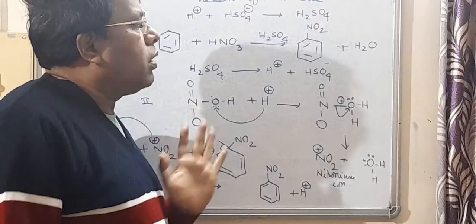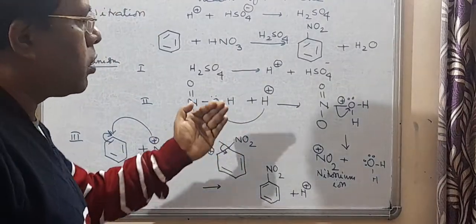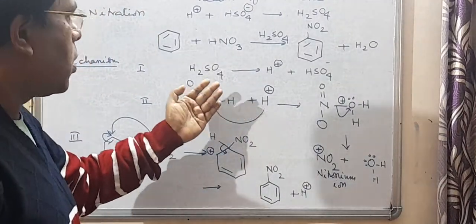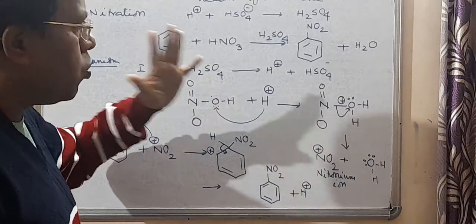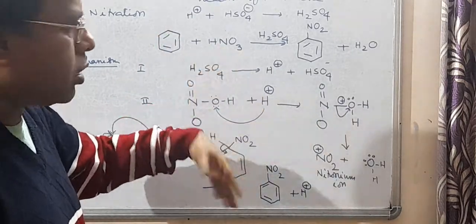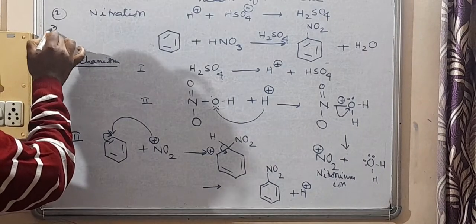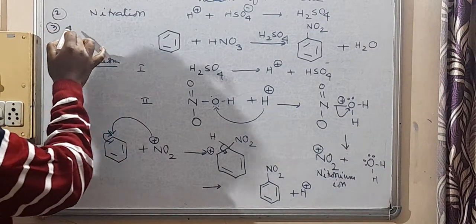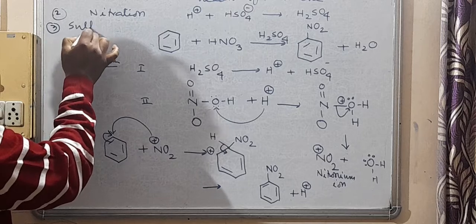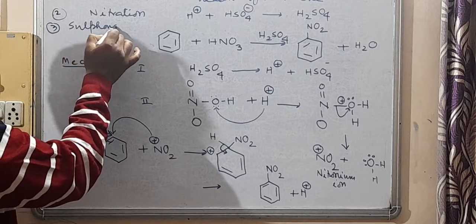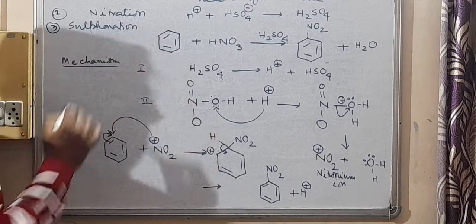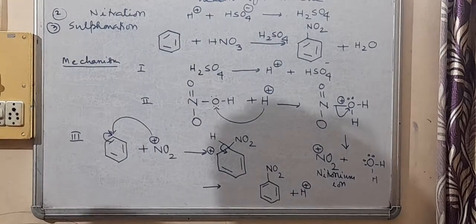So in this way, there are some more reactions whose mechanism you have to practice. What are the other reactions that will come? You will see in your book, it's written sulfonation. You have to practice sulfonation yourself.